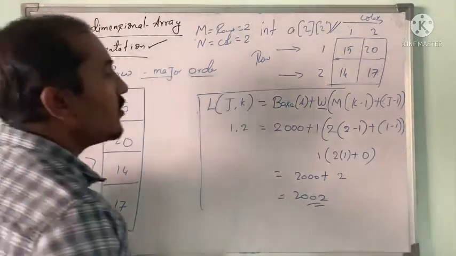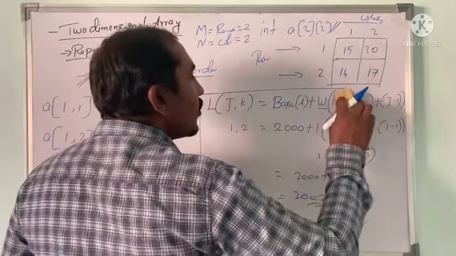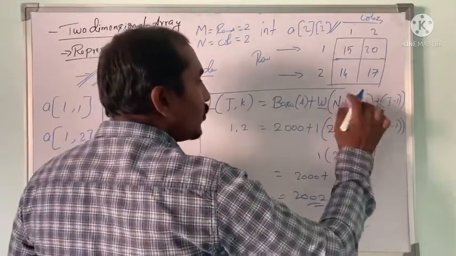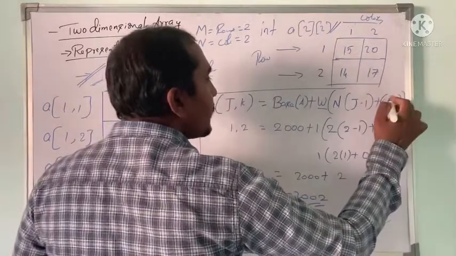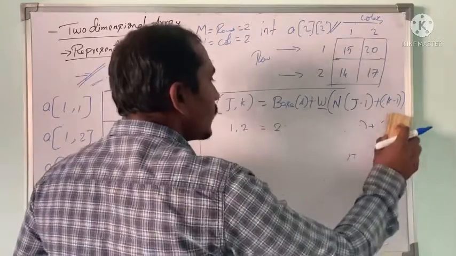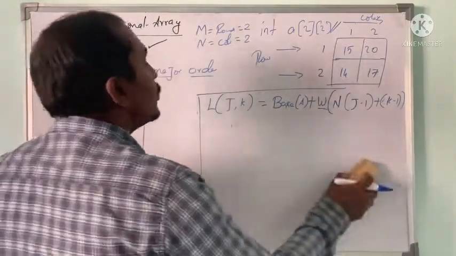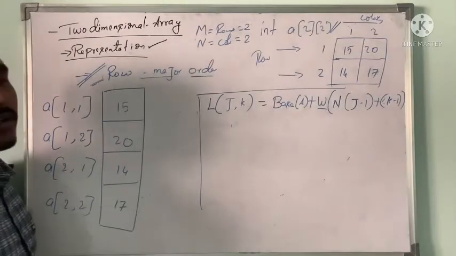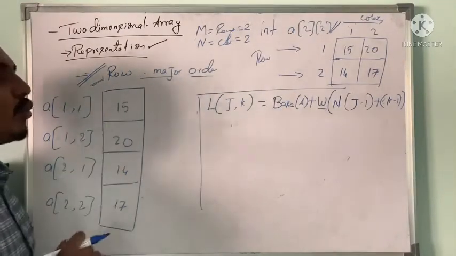Again, the formula will change a bit. The only thing is, instead of m, we are going to make it n, and this will be j, and this will be k. So this is the formula to find the address of an element when it is stored in row major order.